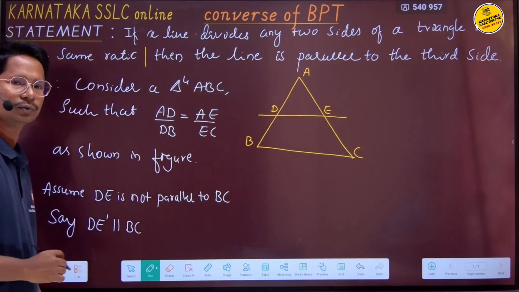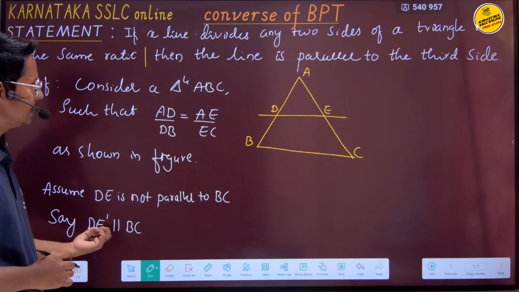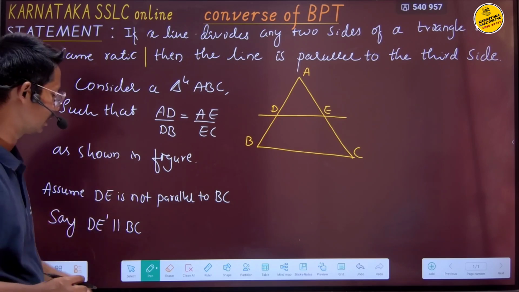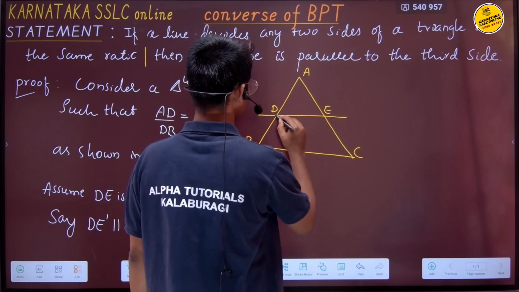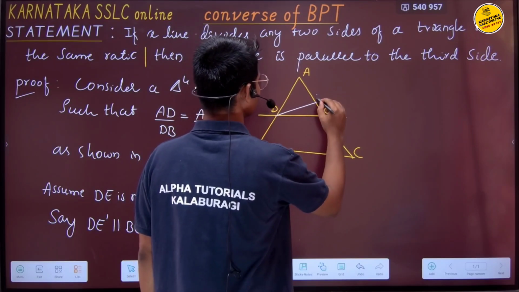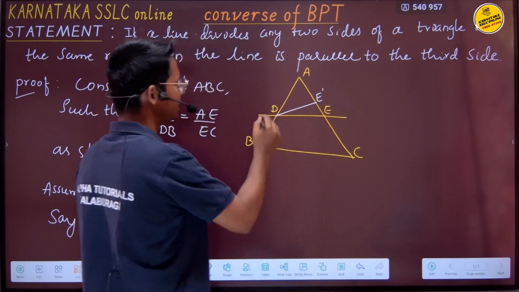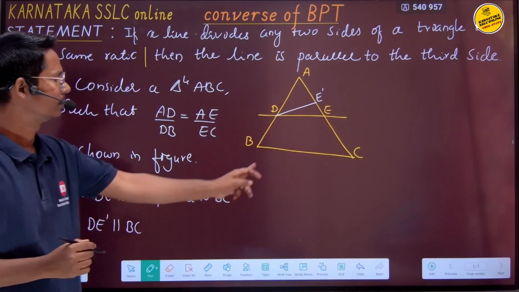So we draw it: DE dash is parallel to BC.